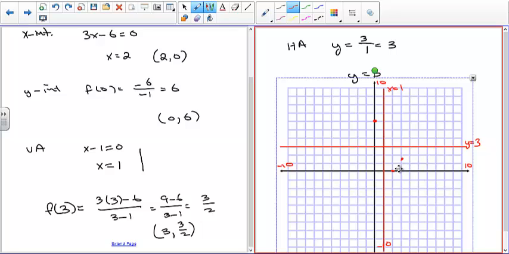And so our curve is going to approach this vertical asymptote. So a lot of people drew it going straight down here, but it's supposed to approach this vertical asymptote. So it's going to come up like this, go through this point, then go through this second point, and then it's going to approach this horizontal asymptote like that.